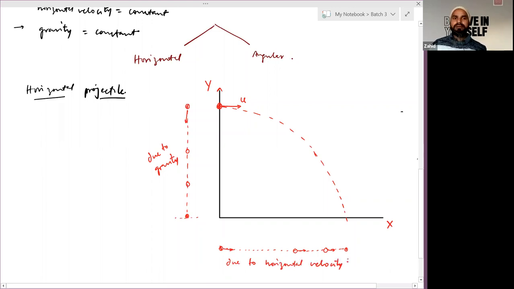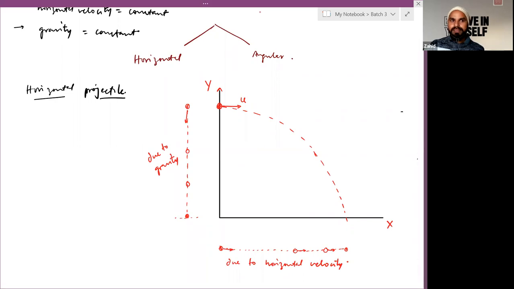So you will say this body has motion in two dimensions, that is along y-axis due to gravity and along x-axis due to horizontal projection. On combining, it will have two-dimensional motion, that is along both x-axis and y-axis.